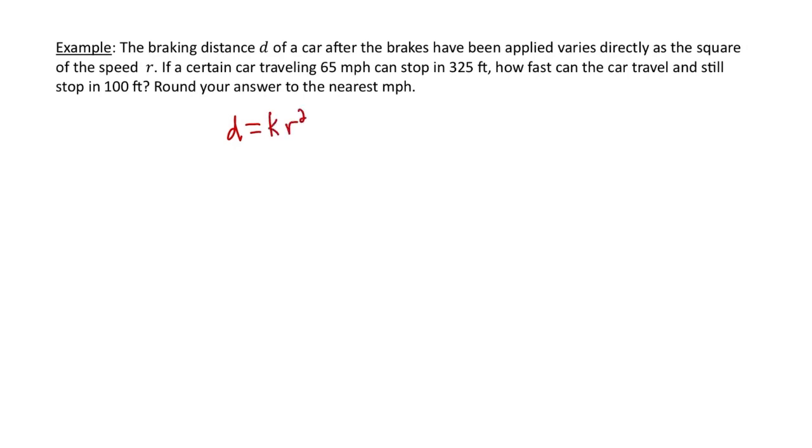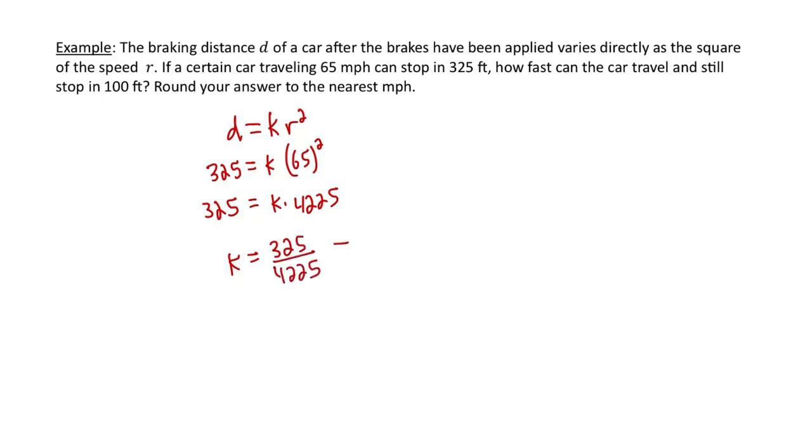Okay, the d varies directly as the square of r. So if we plug in 65 miles per hour for r and 325 feet for d, what do we get? Well, we have to square 65, and you get 4,225 if you do that. And we have 325 here, so we get k is equal to 325 divided by 4,225.